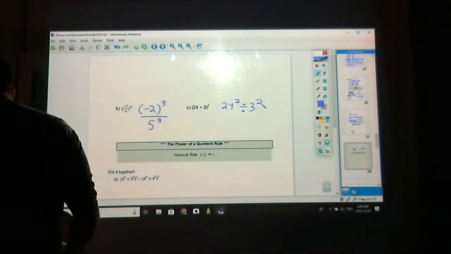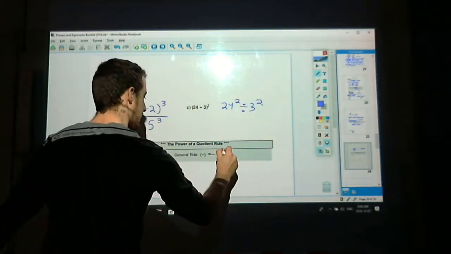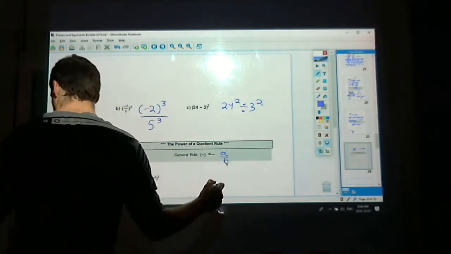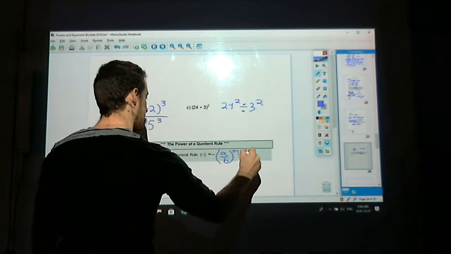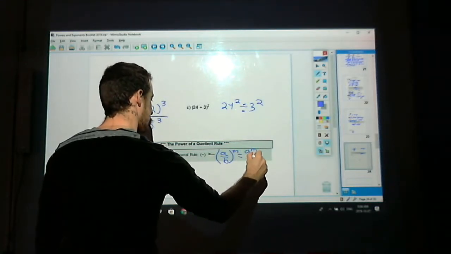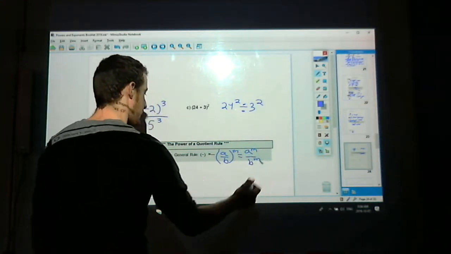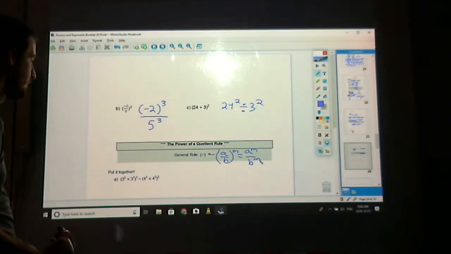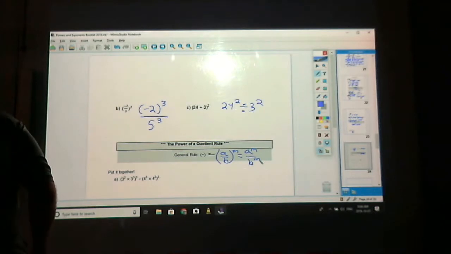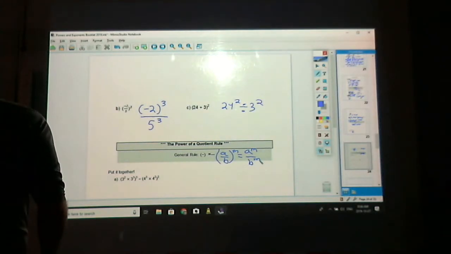So we can write this as a general rule: a over b, all of this to the power of m, is equal to a to the m divided by b to the m. And it's really just showing how we can expand our problems. Okay, so why don't we put this all together and we'll look at a few more examples and then we'll kind of get going.